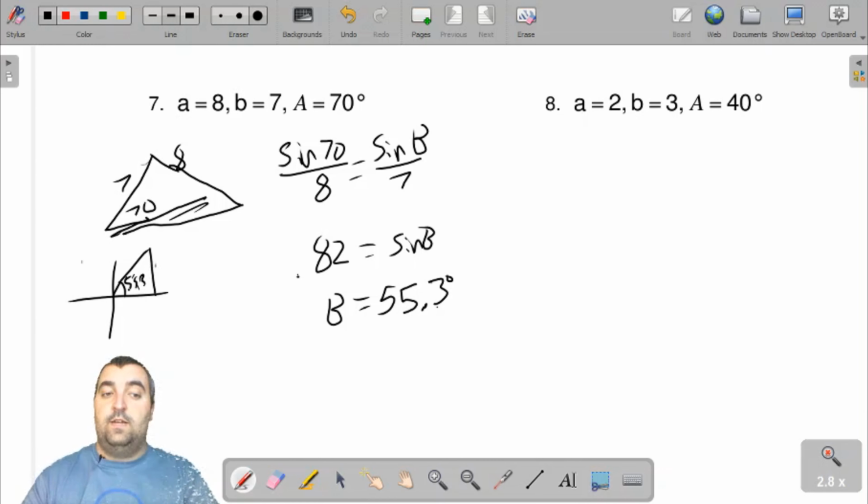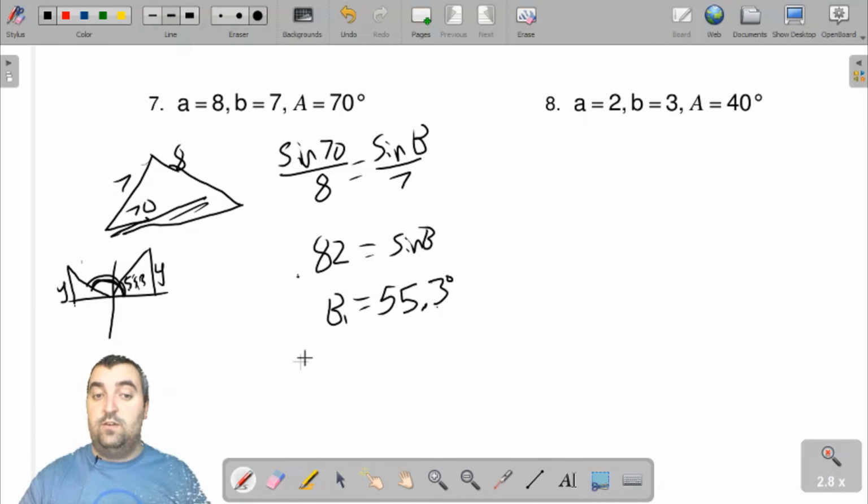But remember, sine is the y value, so the other quadrant that would also have that same y value is a quadrant 2 angle, where we would measure it from standard position. So to find the other possible angle for B2, you would always do 180 minus this quadrant 1 angle.